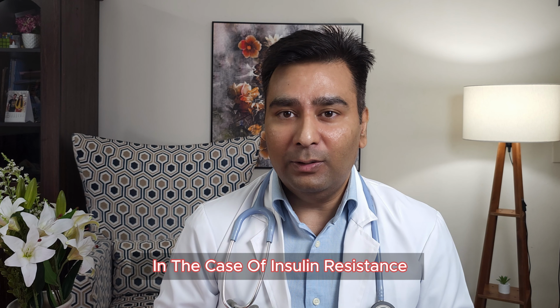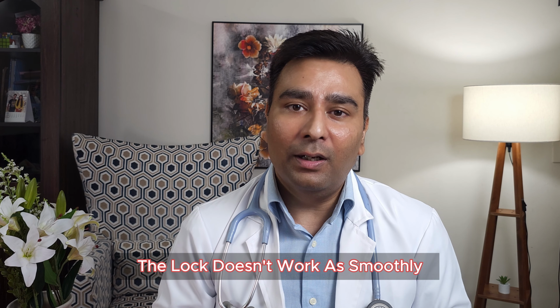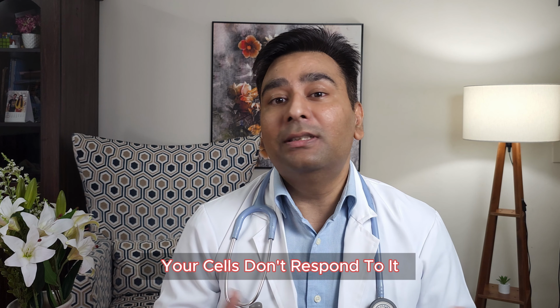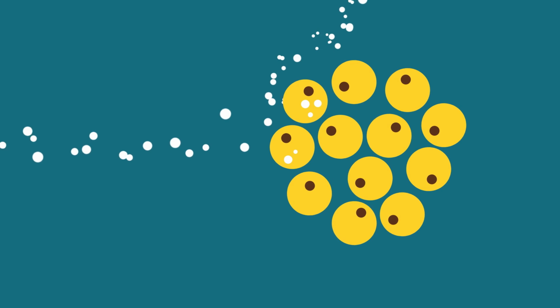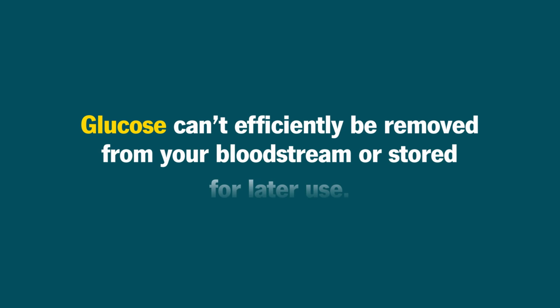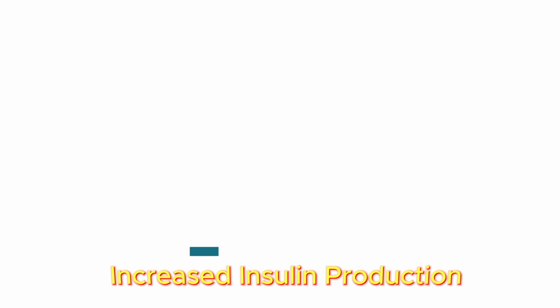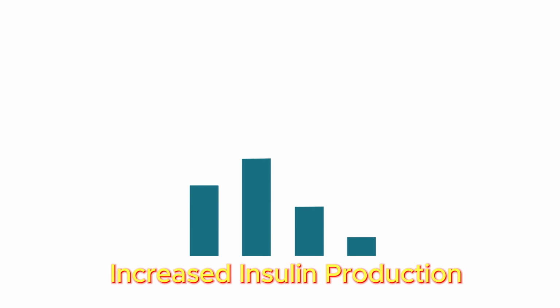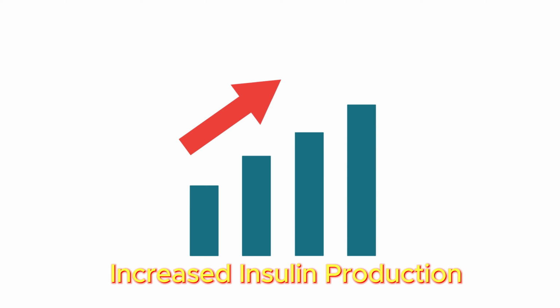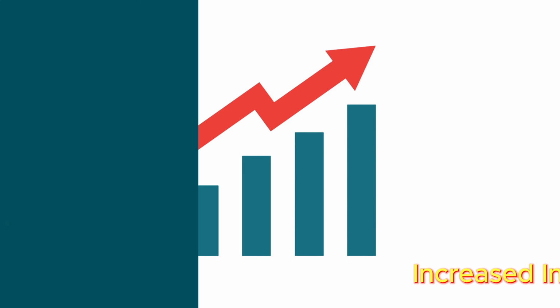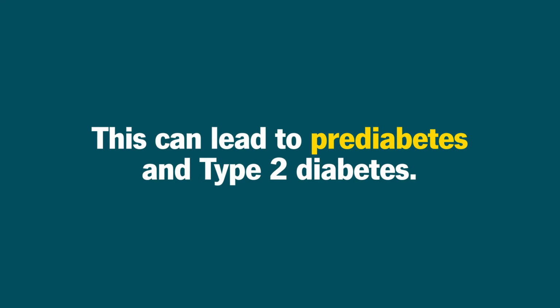In the case of insulin resistance, the lock doesn't work as smoothly, and your cells don't respond to insulin signals as effectively as they should, and this results in a higher level of glucose circulating in your bloodstream. To compensate for this resistance, your pancreas produces more insulin. This increased insulin production is an attempt to overcome the resistance and force your cells to let glucose in.